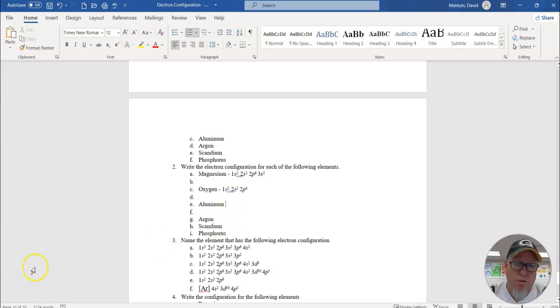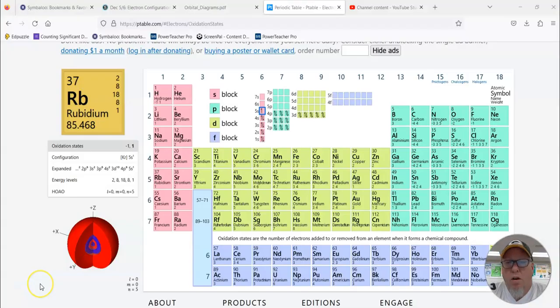I am going to, though, show you something really slick. You can use the periodic table as a key to figuring out electron configuration. If you don't have a really long electron configuration sitting around somewhere, or a way to do the diagonal rule so you can reproduce the electron configuration, just looking at a periodic table will help you.